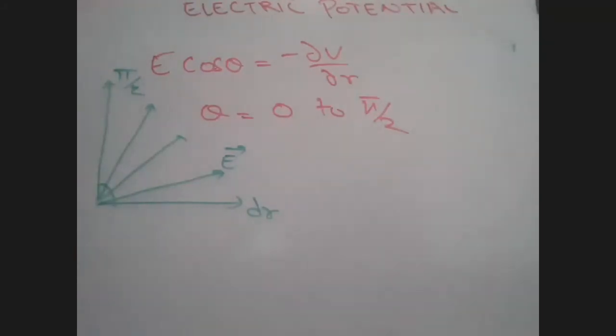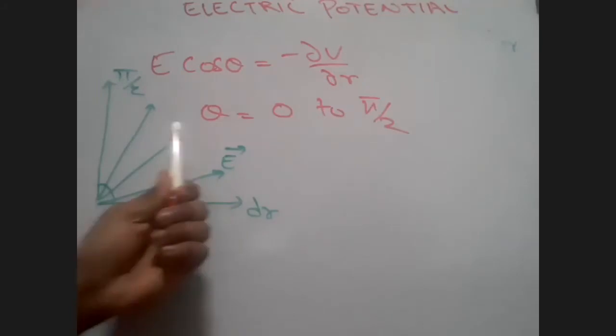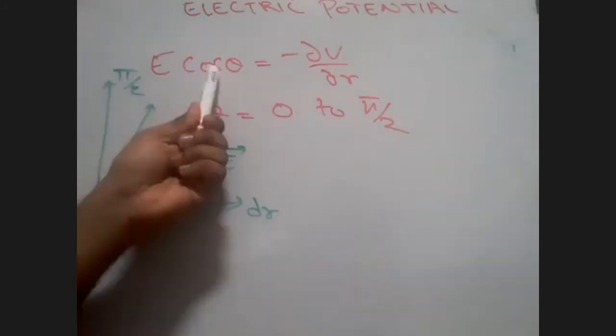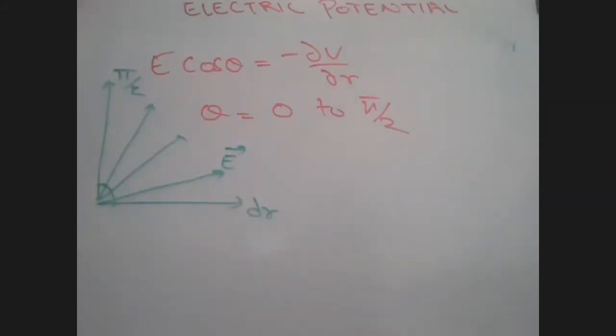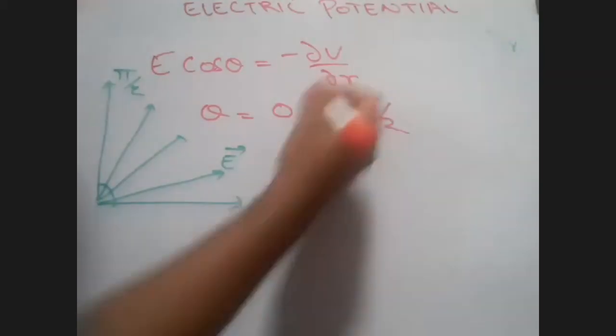So if the electric field intensity has an angle theta between 0 and pi by 2, it is almost the same thing: E cos theta is positive, and the potential is going to decrease.